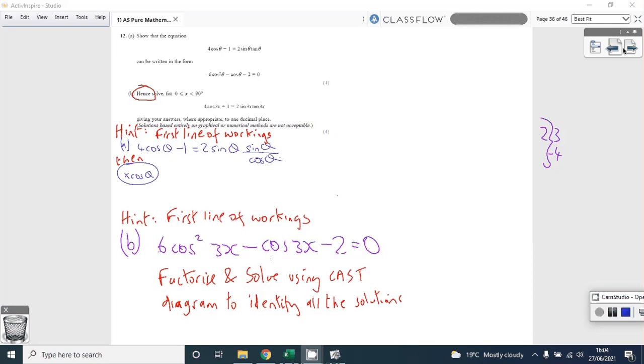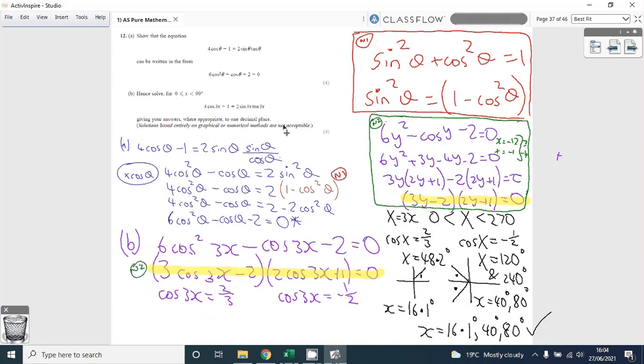So the solutions for question 12. For part A, replace tan theta with sin over cos. Multiply through by cos theta, we get this. Now we've got both terms on the left hand side involve cos theta, so let's go and replace the sin theta term with a cos theta equivalent.